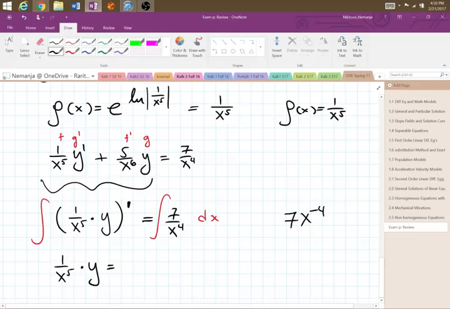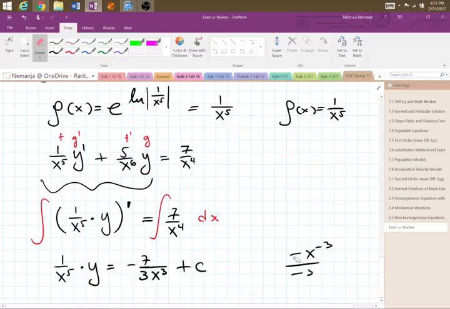Yes. So you add 1, right? So it's going to be 7x to the negative 3 over negative 3. Good. So that's negative 7/3, and then there is x cubed on the bottom, plus some constant c.